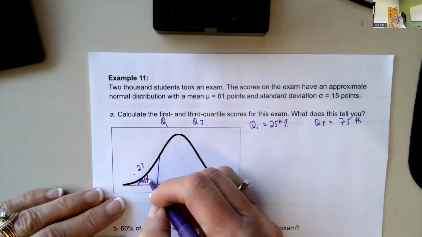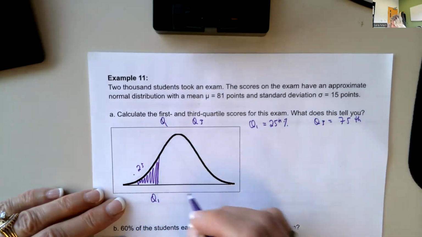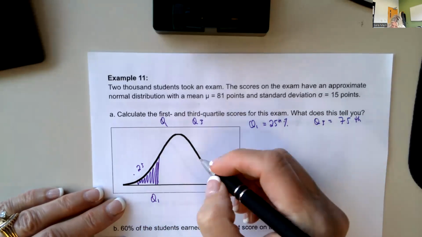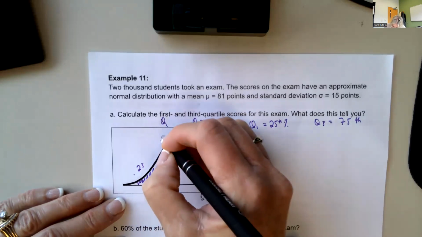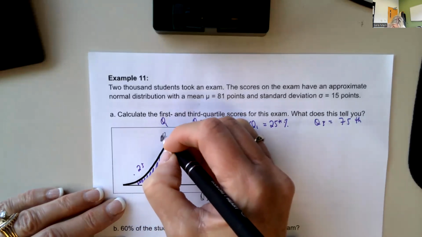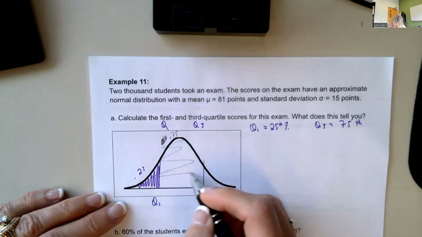0.25 is one of them. That's going to be the Q1. And then the Q3 is going to be 0.75, and that's all the way shaded over here.